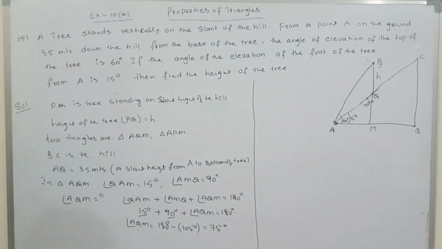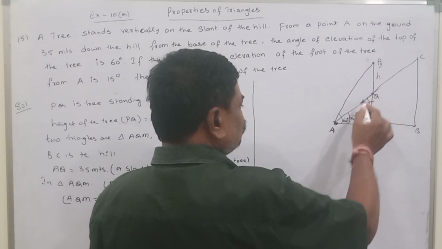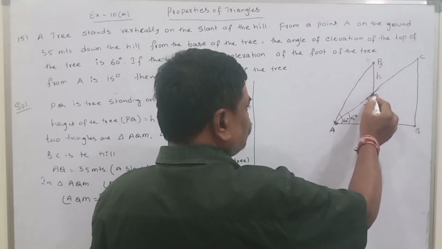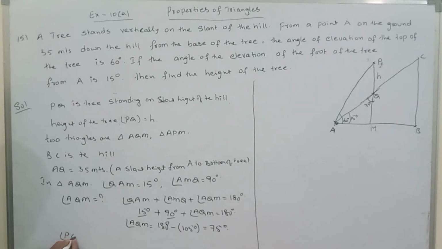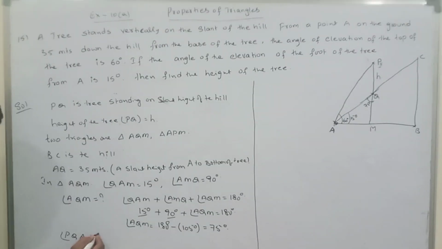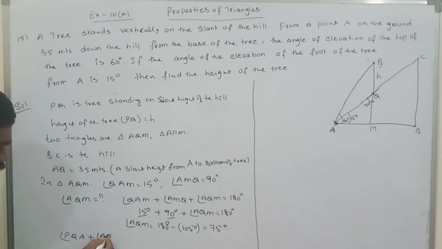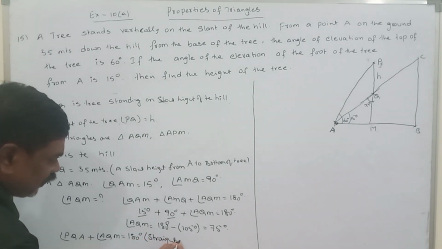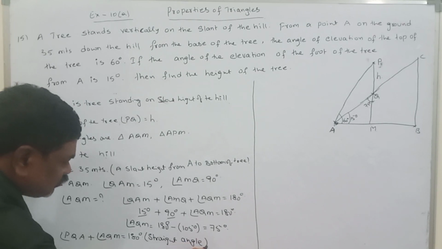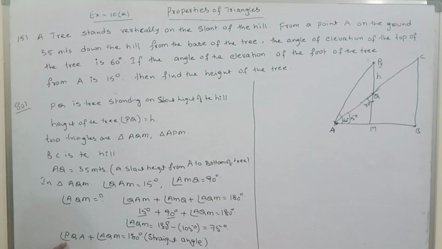And one more thing, angle PQA plus angle AQM is equal to 180 degrees, a straight angle.